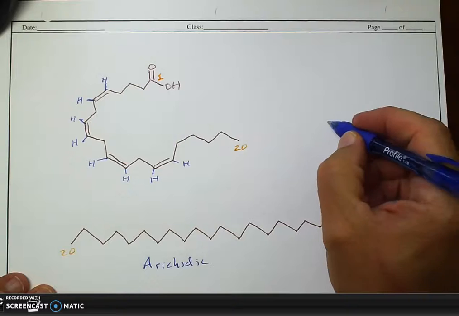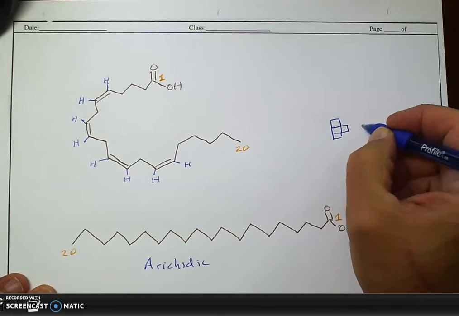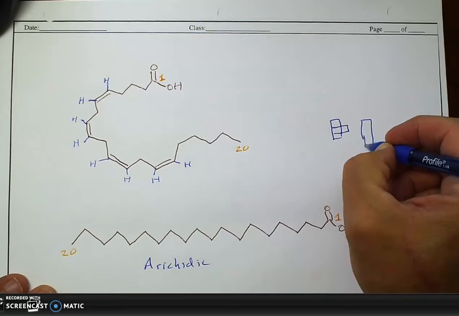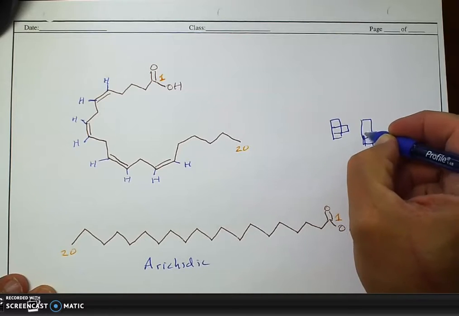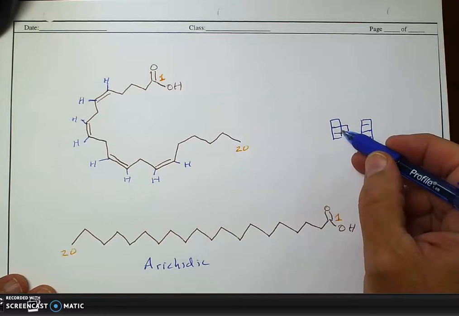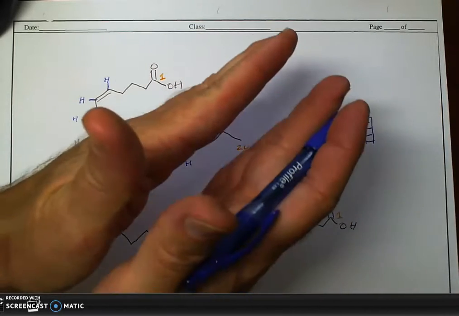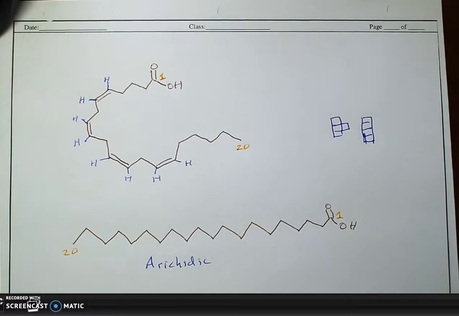You know, when you get that piece that's like this versus the piece that's like this, these are much easier to stack together than the T-shaped ones. So these long straight chains will stack together and get closer.